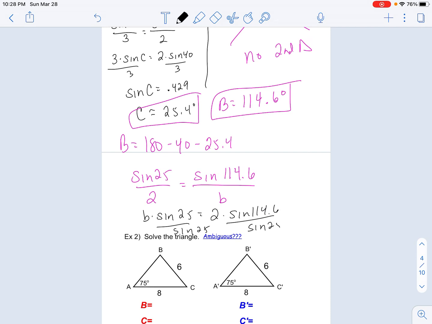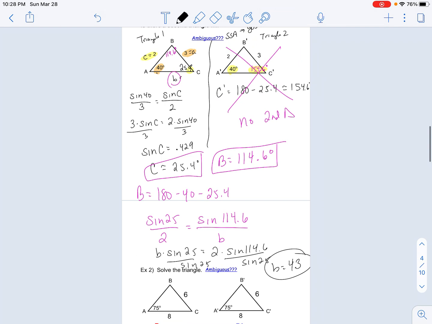Divide by sine of 25. And we get little b is 2 times sine of 114.6. Hit enter, close your parentheses, divided by sine of 25. That gives me 4.3. All right, so then little b is 4.3. So now we have solved that complete triangle. And again, there was no second triangle.